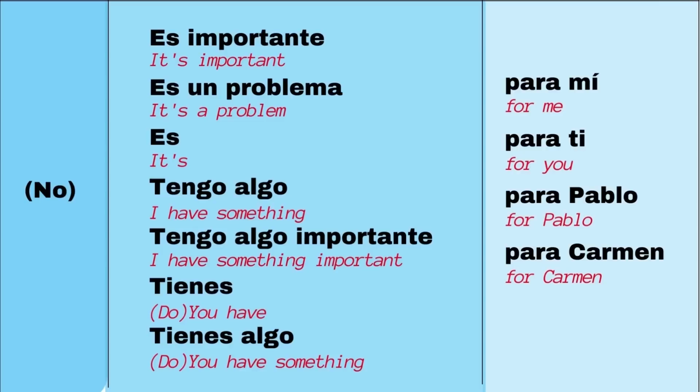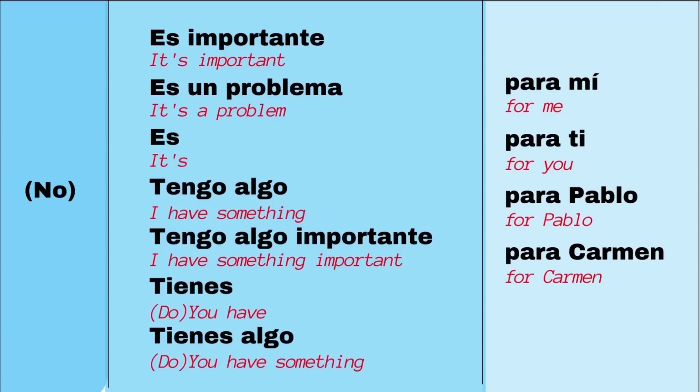Es importante para Carmen. It's important for Carmen. Tengo algo importante para ti.